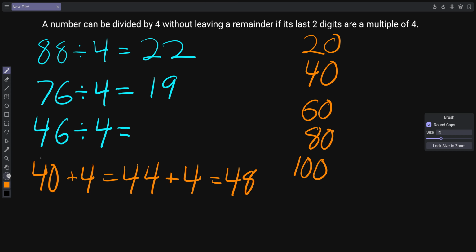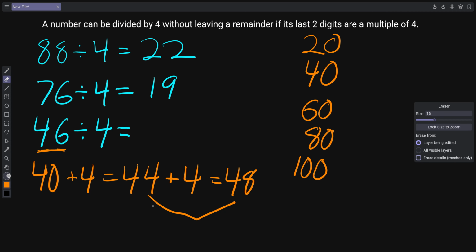But you'll actually see here that 46 falls in between 44 and 48. It would be in between these two numbers.